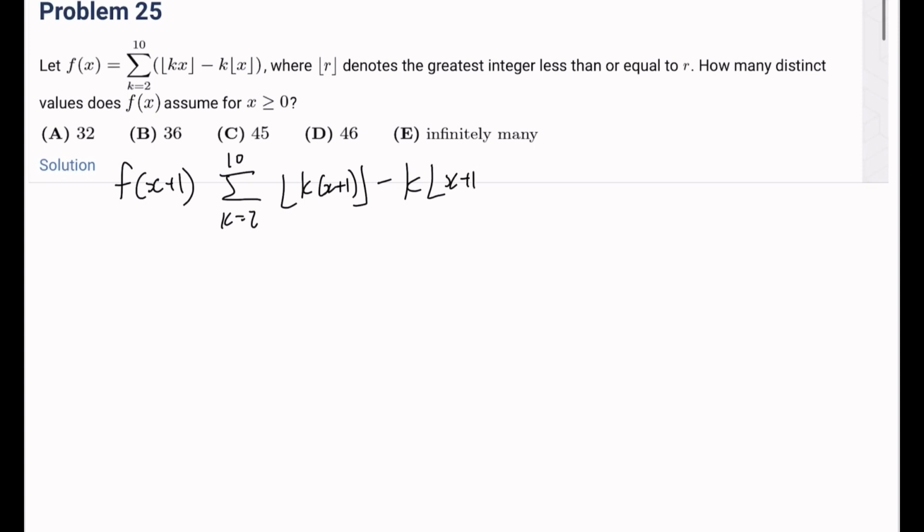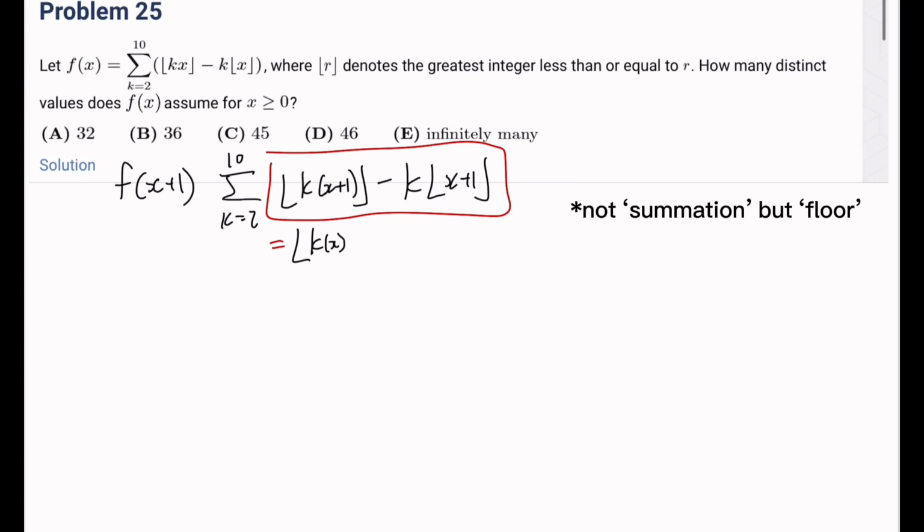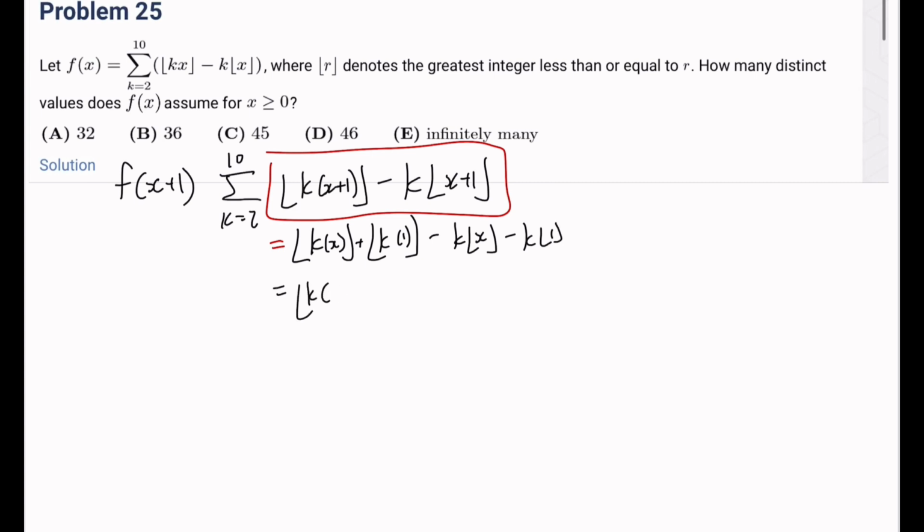And so if we just take the value inside the summation, this will equal the floor of kx plus k, minus k floor of x, minus k. And so these cancel, leaving the floor of kx minus k floor of x.